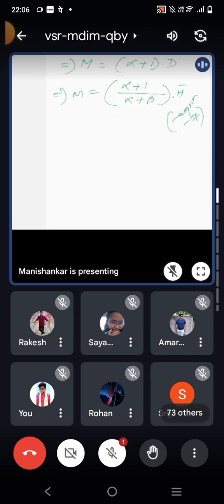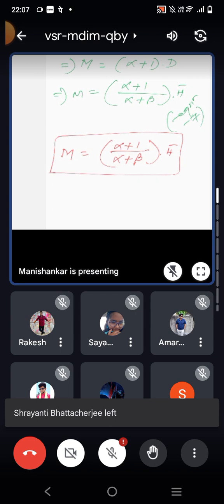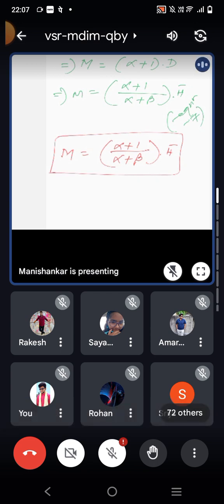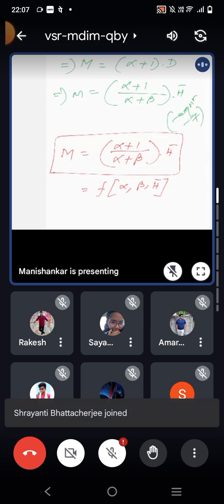So money supply M equals alpha plus 1 into 1 by alpha plus beta into H bar. So that is our money supply equation. According to this derivation, your money supply is basically a function of alpha, beta and H bar.